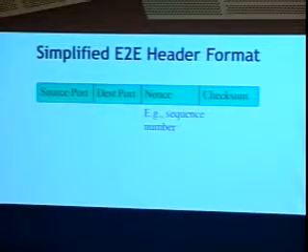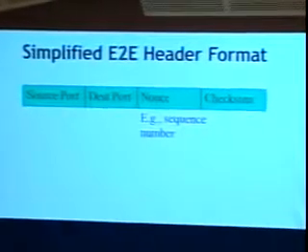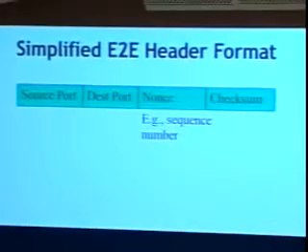There's a source port, which specifies which port the sender of the message is listening at on the other side. There's a destination port, which specifies which port number this message should be sent to on the receiver side. There's something called the nonce. The nonce is just a unique identifier. It's a thing that uniquely identifies this message as far as the conversation between the two endpoints is concerned.